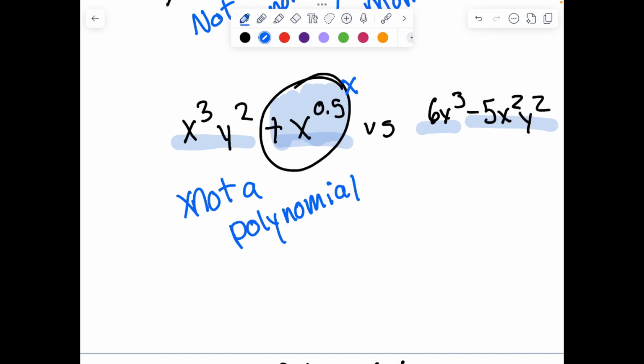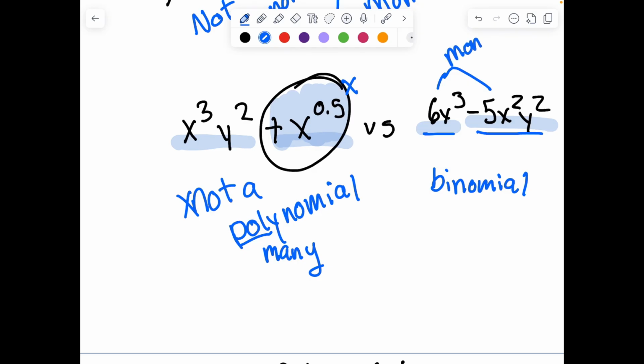However, this one on the right, I've got two different terms, so while it's not a monomial, poly means many. This one technically has two, so I would replace that poly with a bi, so binomial. Both of them are multiplying, all the exponents are positive, and there are no variables in the denominator. So it passes all of these, each of these are monomials on its own, which helps us classify the type of polynomial it is, or if it is a polynomial or not.